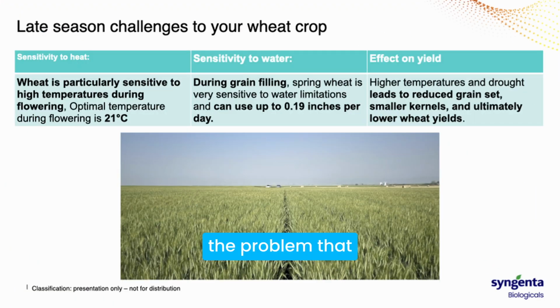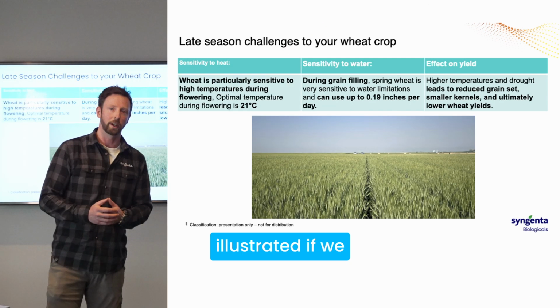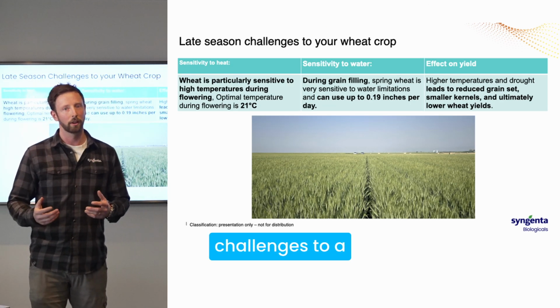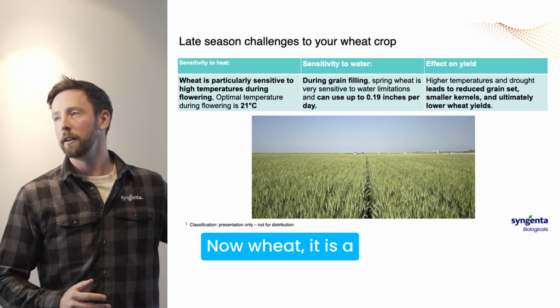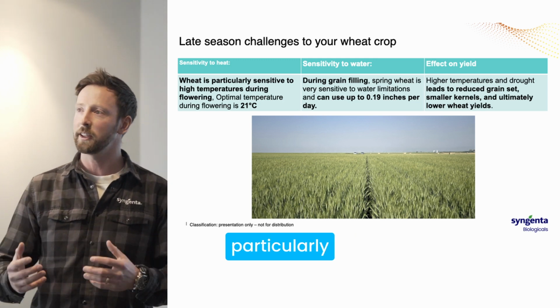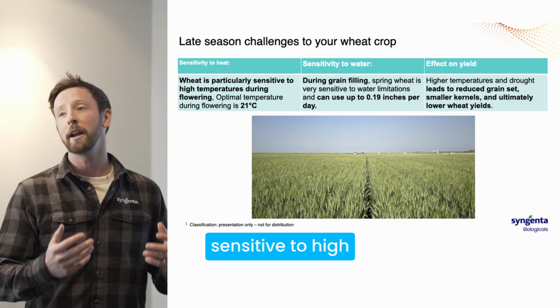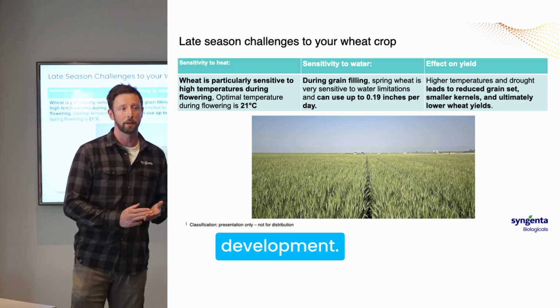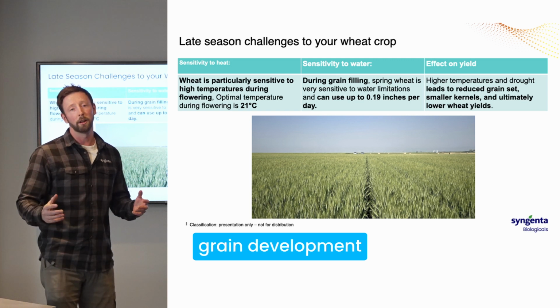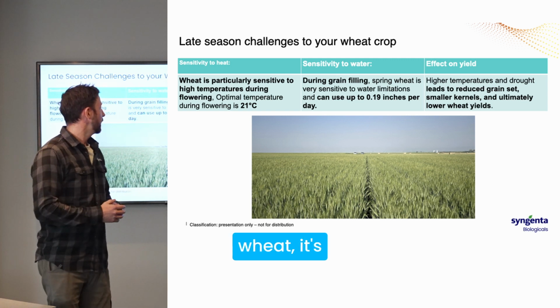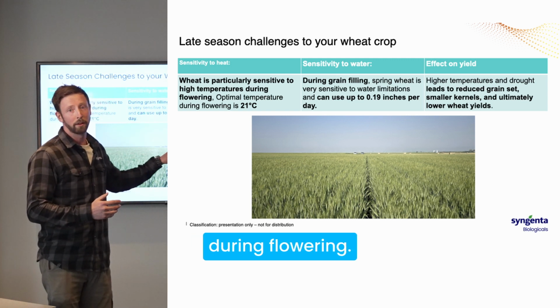So let's talk about the problem that YieldOn's solving. And I think this is really well illustrated if we think about challenges to a spring wheat crop in Western Canada. Now, wheat, it is a cool climate crop, and it is particularly sensitive to high temperatures during flowering and grain development. And if you look at the optimal conditions for grain development in spring wheat, it's actually 21 Celsius during flowering.